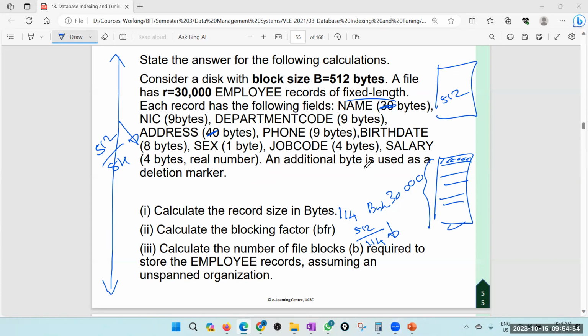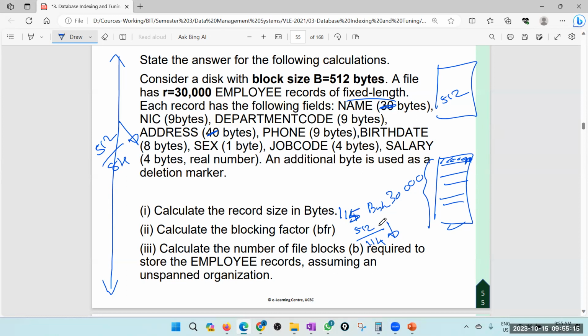Yeah, an additional byte is used as deletion marker. Yes, so that is something you have to understand. I completely missed it. So we need one more byte because there's an additional marker that marks whether it's a deleted one or an active one. So therefore, it's not 114, it is 115. Sorry for that.